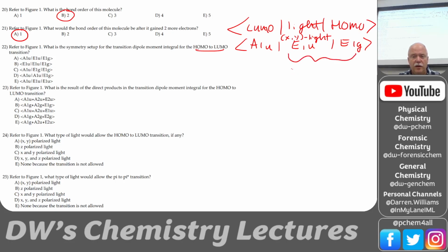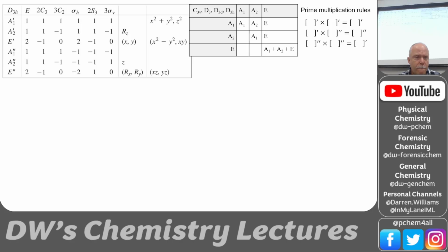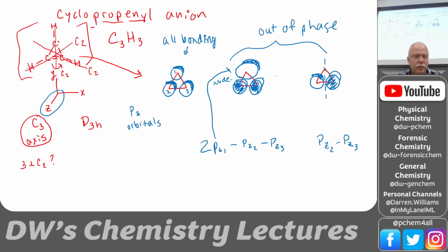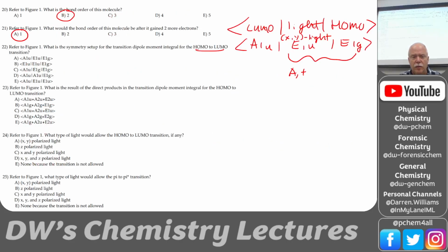So E1 times E1 gives A1 plus, and it's got 3 things in it, so we need to go to the direct product table here. A1 plus A2 plus E. And then G times U is U. So these would all have U's on them.